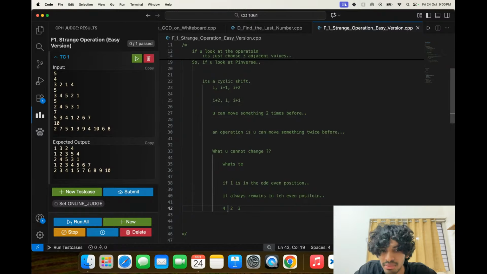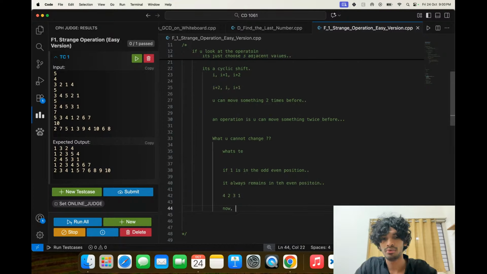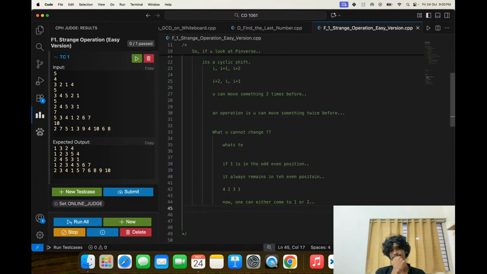Okay, if one is in an even position, it can only come to even positions. So that's what it is. One can either come to 1 or 2.